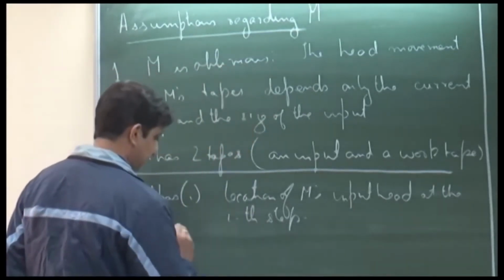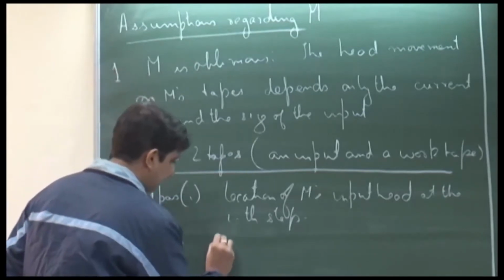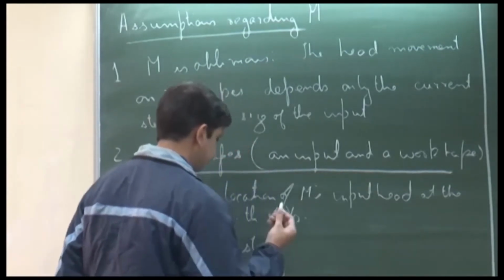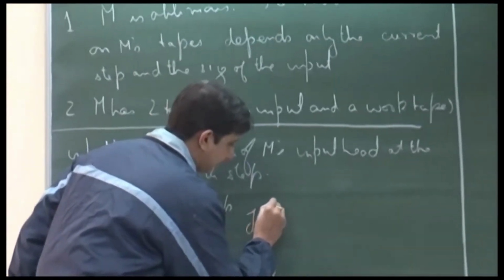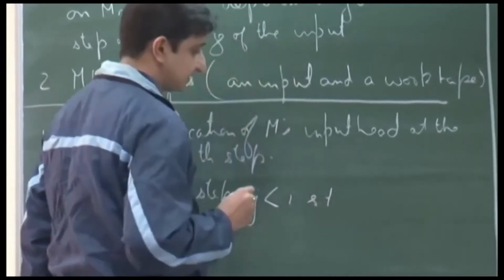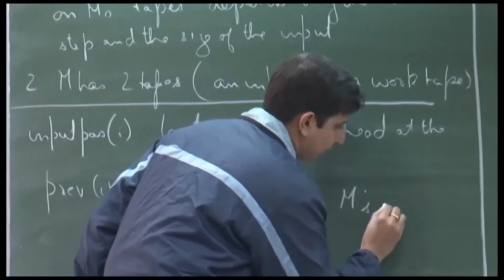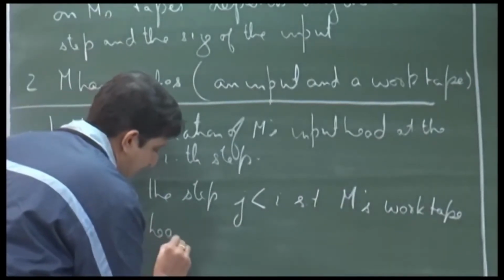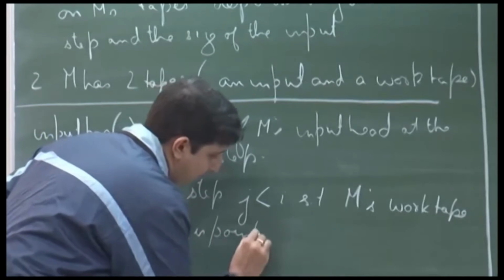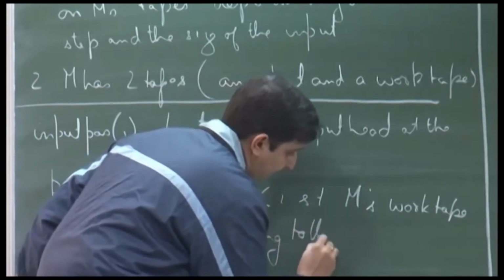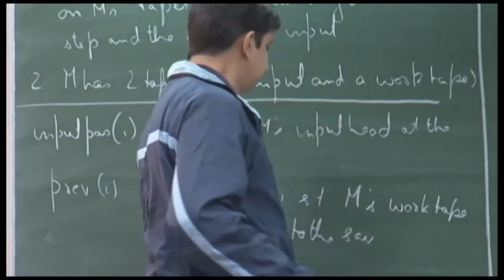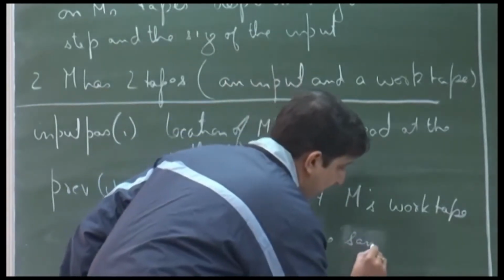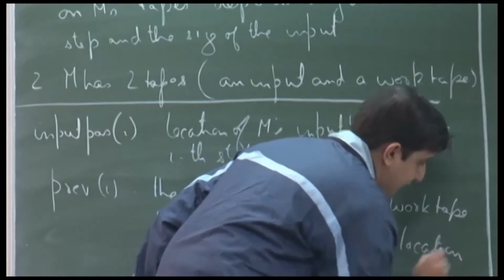This is the step j strictly less than i, such that M's work tape head is pointing to the same location as in the ith step.